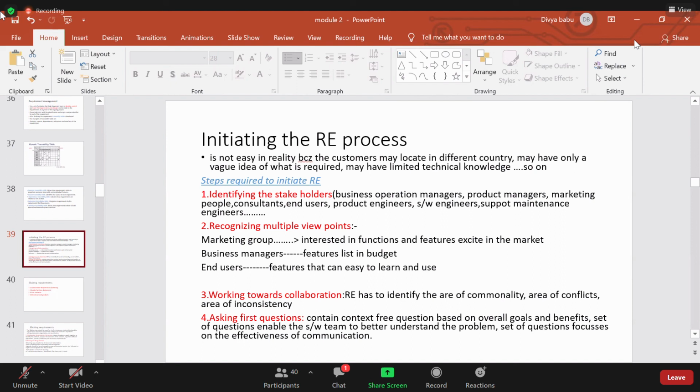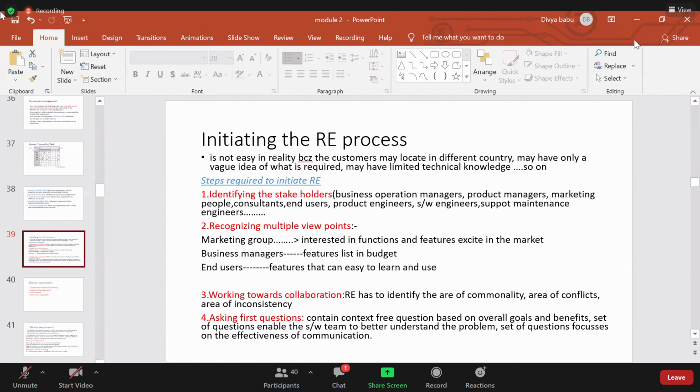So the marketing group will think in that way, and business managers look at the feature list and budget. Business managers are more focused on whether we can complete this project within the budget.